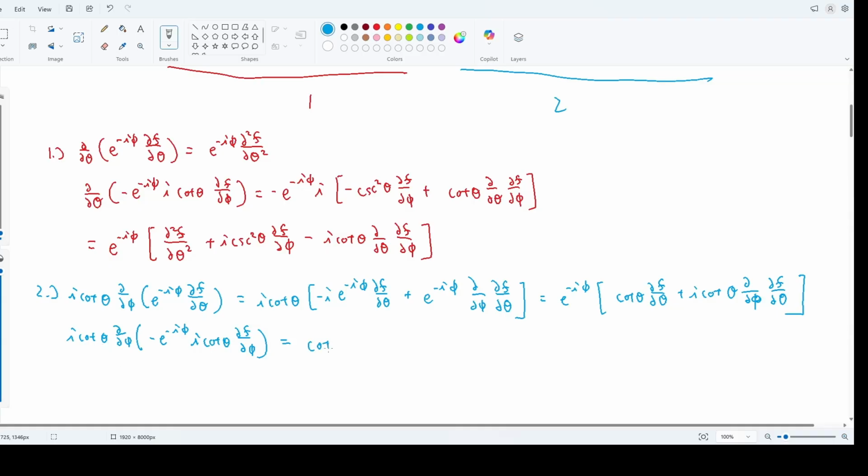You get cotangent squared theta d by d phi of e to the negative i phi df with respect to phi, which then, via chain rule, cotangent squared theta at the front, you're going to get negative i e to the negative i phi df by d phi, added with e to the negative i phi d2f by d phi squared.